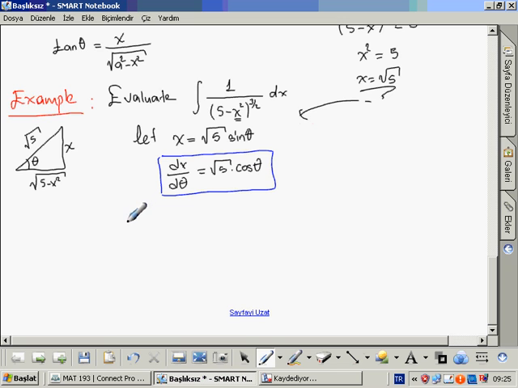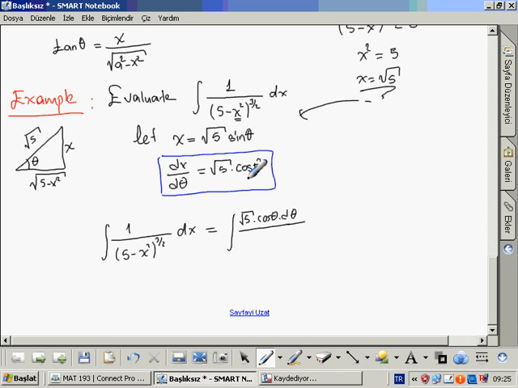After that, the integral of 1 over 5 minus x squared to the power of 3 over 2 dx, and the dx was the square root of 5 times cosine theta d theta.